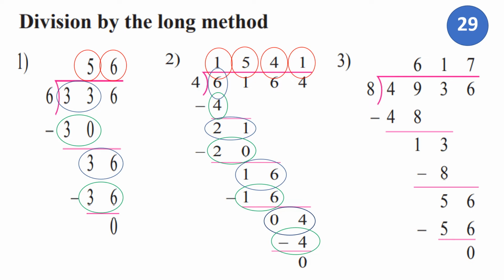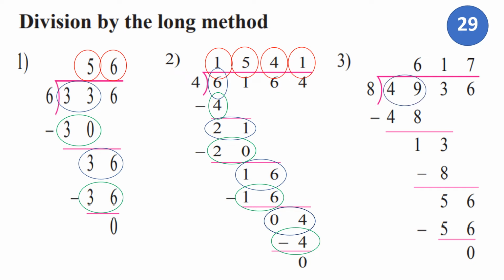Next is number 3. 4,936 divided by 8. First, 4 divided by 8 cannot be done, so you use the second number, 9. 49.